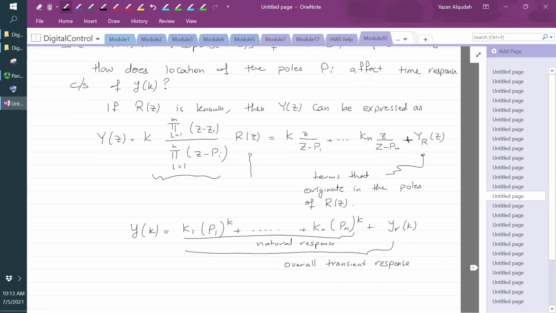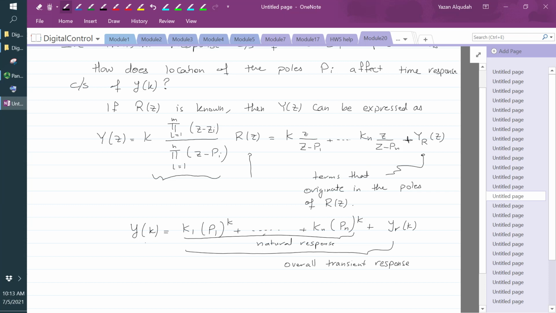Okay, so if I expanded y of z using these terms, I can write y of k, if I take the inverse z transform, as k1 multiplied by p1 to the k, all the way to kn multiplied by pn to the k, and then plus the inverse of y r of z, which is going to give me y r of k.